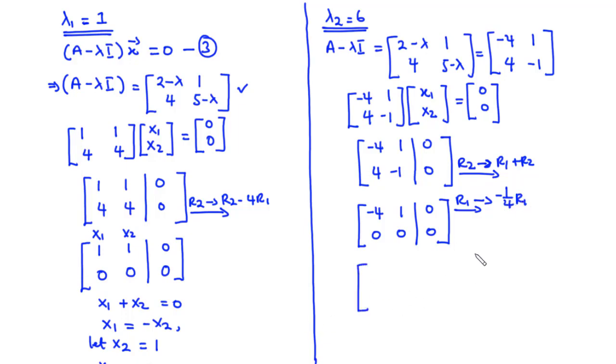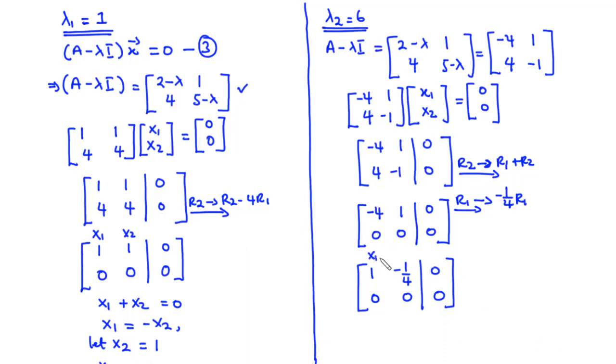Negative 1 over 4 times negative 4, the 4 cancels out 4, we are left with 1, and negative 1 times negative 1 over 4 becomes 1 over 4... that is, 1 times negative 1 over 4 is negative 1 over 4. 0 times negative 1 over 4 is still 0. And for row 2, we have 0, 0, 0. So this is the row echelon form of the augmented matrix.